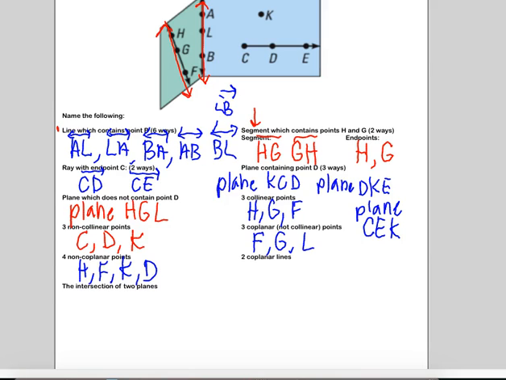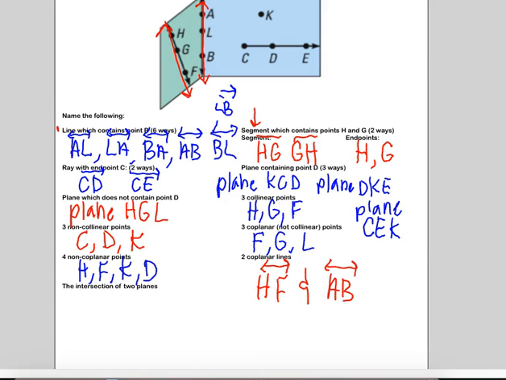Line AB. So line, let's do the symbols here, HF, and line AB. Again, put the arrowheads on top of your line.